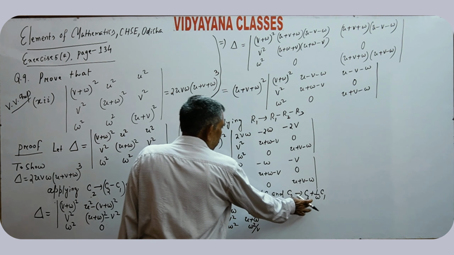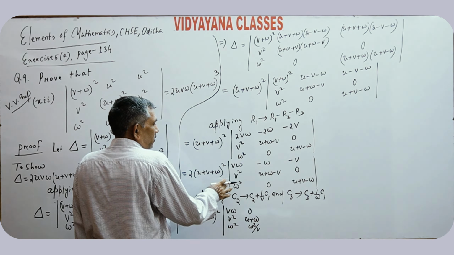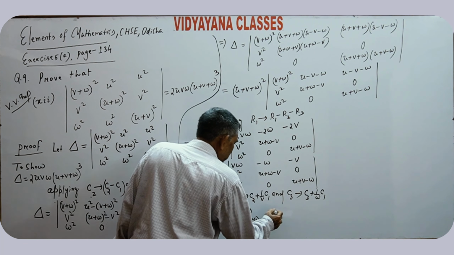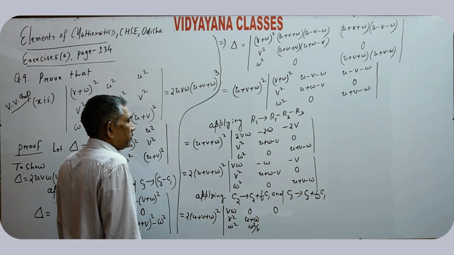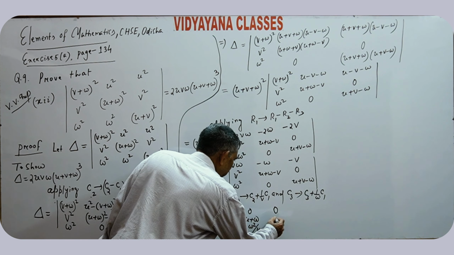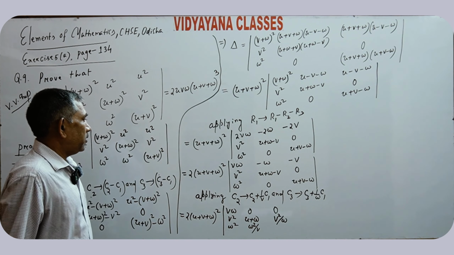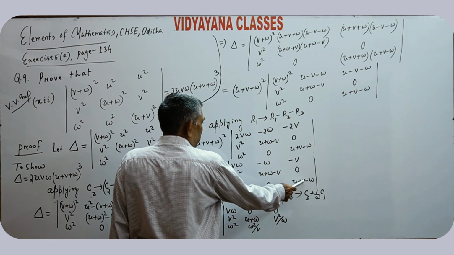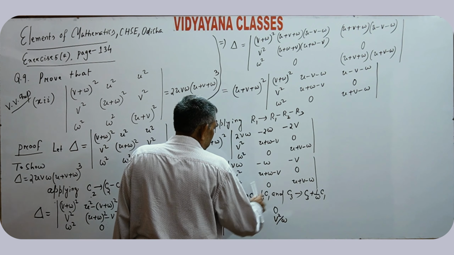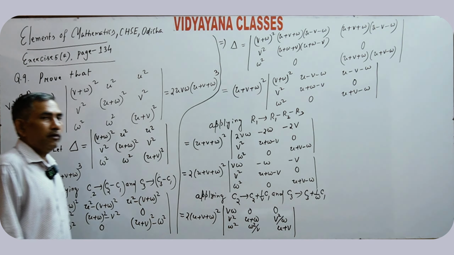Third column, C3 is replaced by C3 plus 1 by w: minus v plus v, w cancels, that is equal to 0. 0 plus 1 by w v square, that is v square by w. Next, u plus v minus w plus 1 by w into w square, minus w plus w cancel, that is u plus v. Clear?